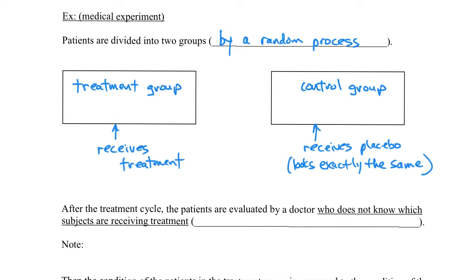And then the experiment is run. So maybe this is done for a month. Maybe every day for a month you take this pill, and then you come back to the hospital and do the results. So an example, maybe these are groups of patients who have migraine headaches, let's say. So maybe it's a migraine headache group.